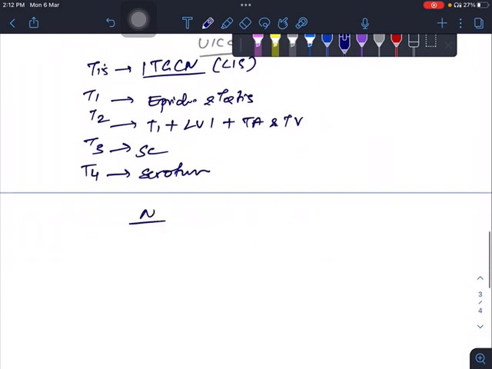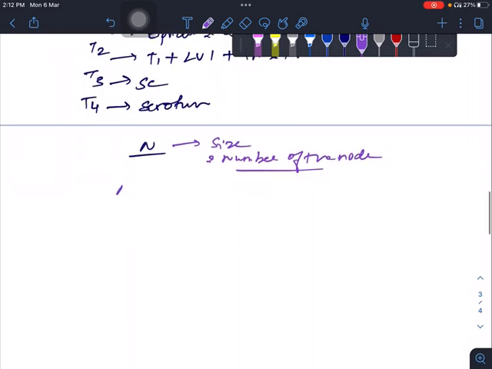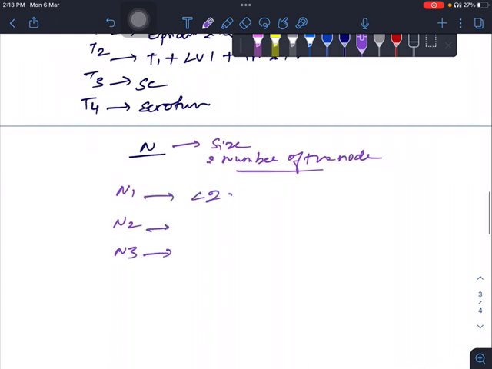Regarding the N classification, here the size and the number of the nodes are taken into consideration. So N1, N2, N3. Let's see the size criteria first: less than 2 cm, 2 to 5 cm, and more than 5 cm.